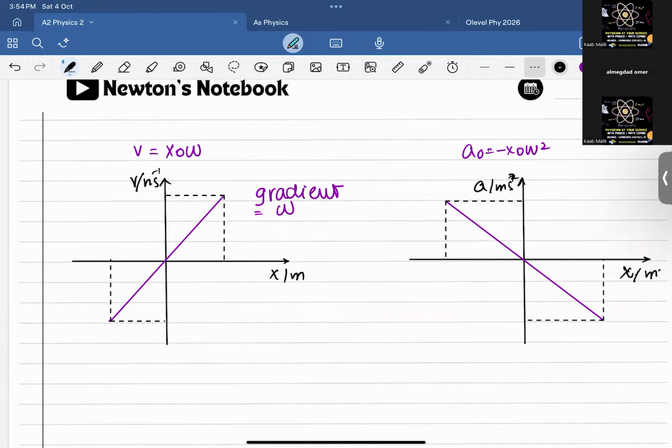So these should be the acceleration and the maximum velocity. This is the maximum acceleration. This is also the maximum acceleration, but in the opposite direction. This is the displacement, and that is the displacement as well. But over here, it is going to be positive, right? So now you can see that the acceleration and displacement are oppositely directed.